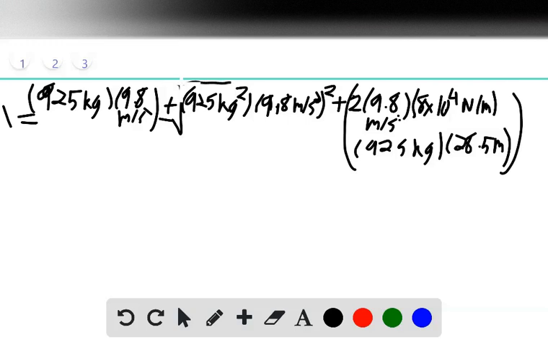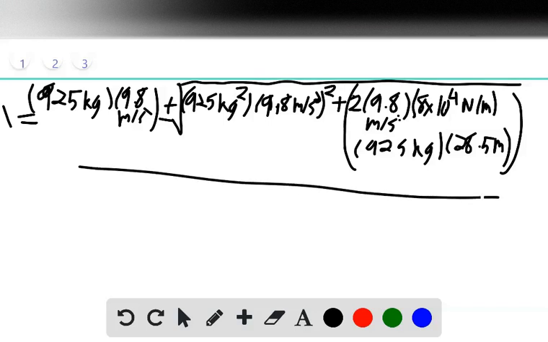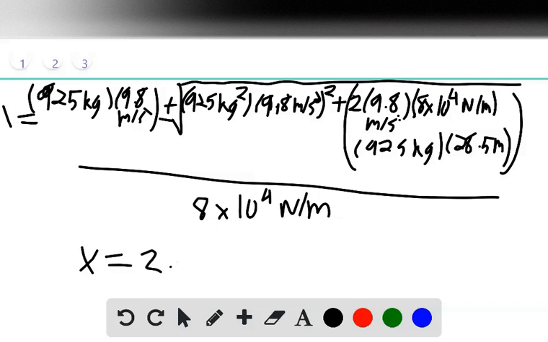Okay, so just to make this clear, this is all multiplied together. I ran out of space. This is a big square root. And then all of this is divided by 8 times 10 to the 4th Newton per meters. And that's going to give you a value for x, maximum compression of 2.65 meters and minus 2.43 meters.